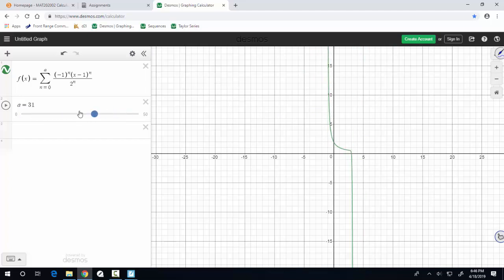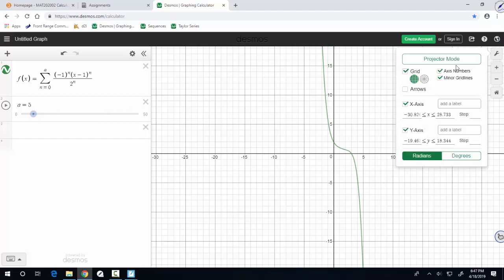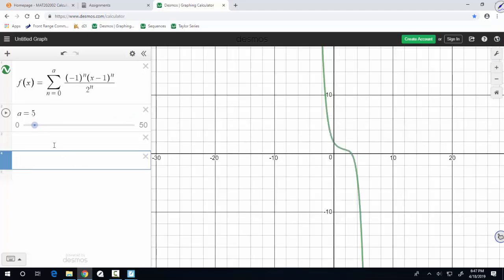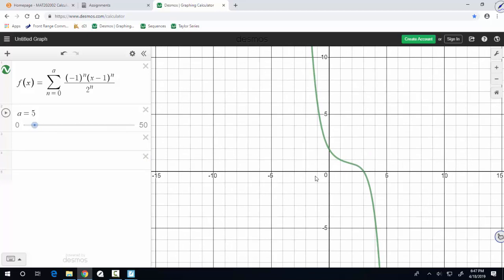See, as we start adding more and more, let's look at it this way here. As we look at just a few terms, it might be a little bit difficult to tell where this converges.